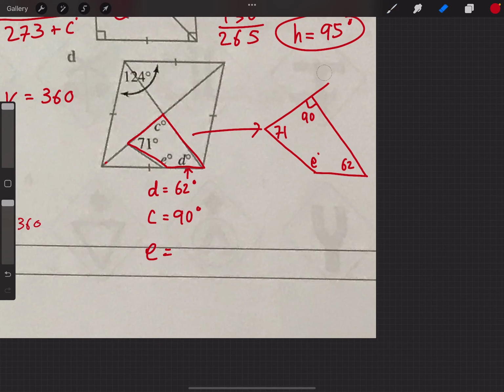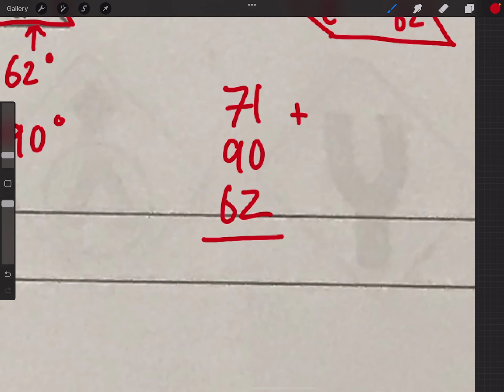Okay, we know that these four angles must add up to 360 because it's inside a four-sided shape known as a quadrilateral. So let me just work it out, 71 plus 90 plus 62. 7 plus 9 is 16. 16 plus 6 is 22.